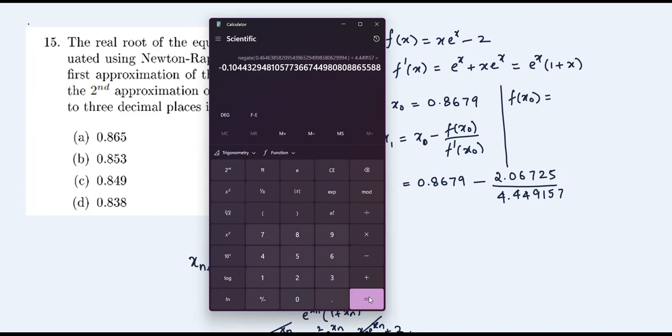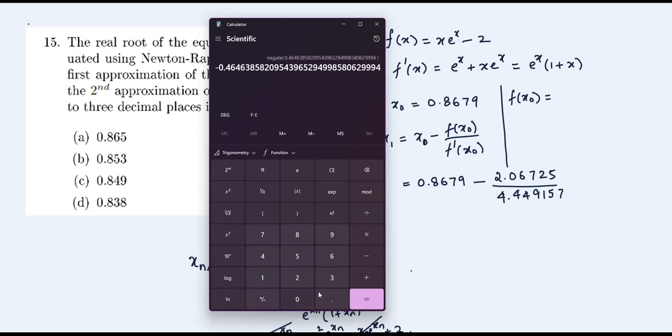How to go back? 2.06725 divided by 4.449157.